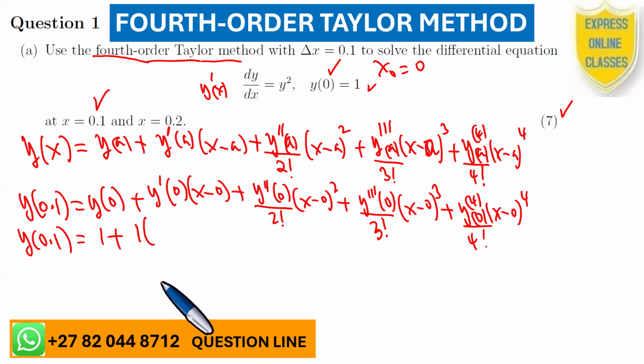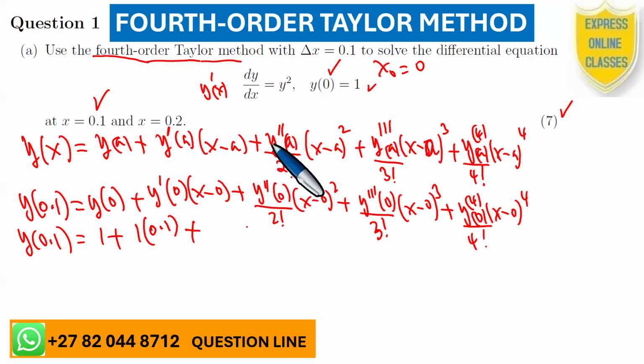So if it is at 0.1, then you're going to do 0.1. We continue, which is y primed 1, and then you have 0.1.